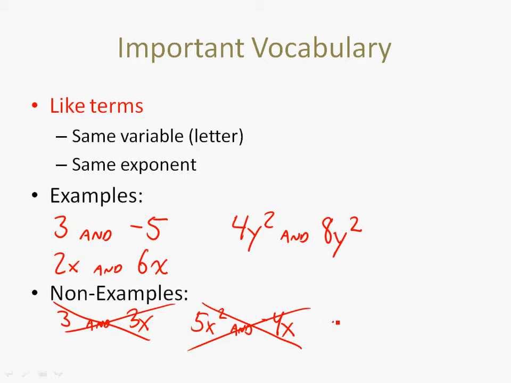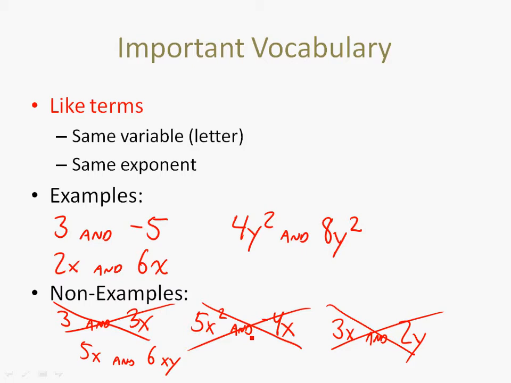And 3x and 2y. Here we have different letters, so those are not like terms. And one more. Let's say we have 5x and 6xy.